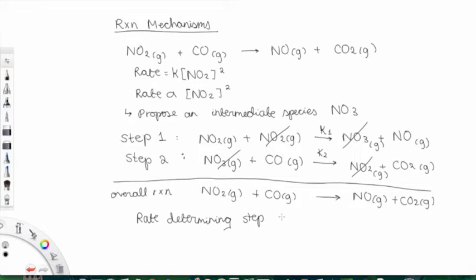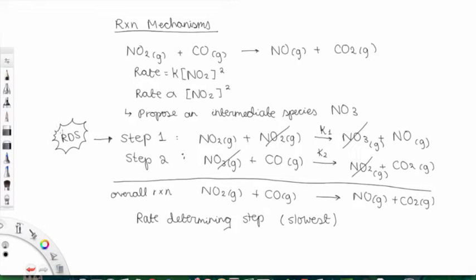And so from here, we want to determine what the rate determining step is, and this is a very important concept. So the rate determining step is the slowest step in the reaction, and it has to be the one that is directly related to the overall rate. And so the mechanism has to be based off of the rate determining step. And in this case, the rate has to be proportional to the concentration of NO2 squared, which means that step 1 has to be the rate determining step because that's where the 2 NO2 molecules are colliding.